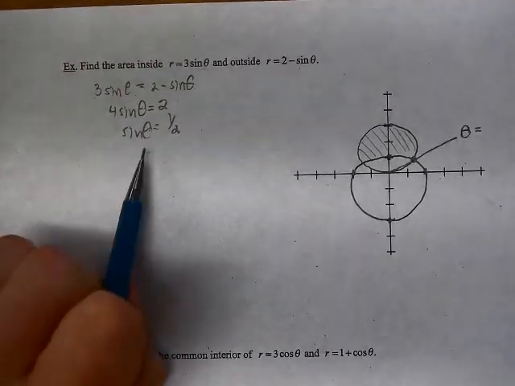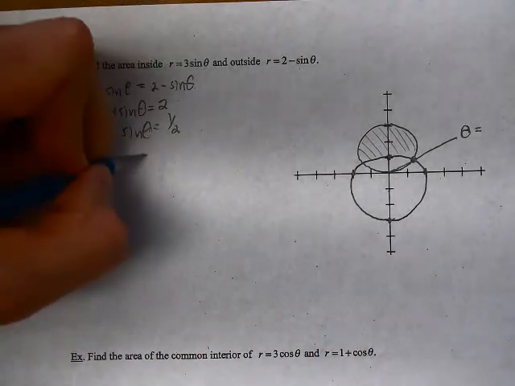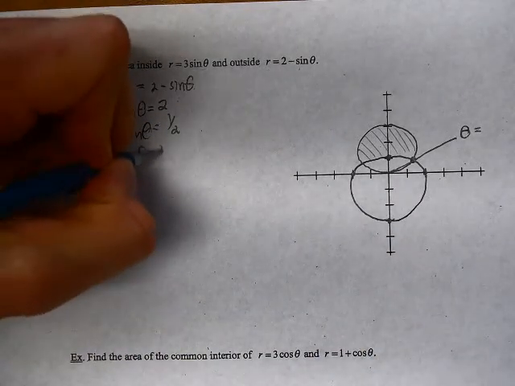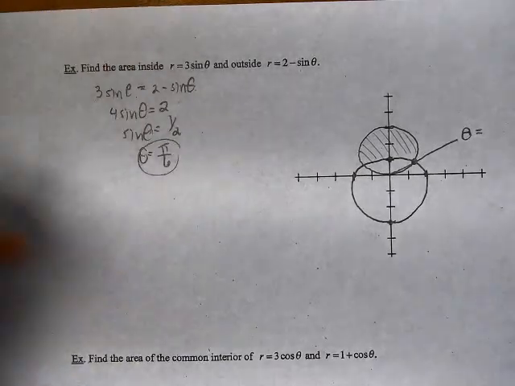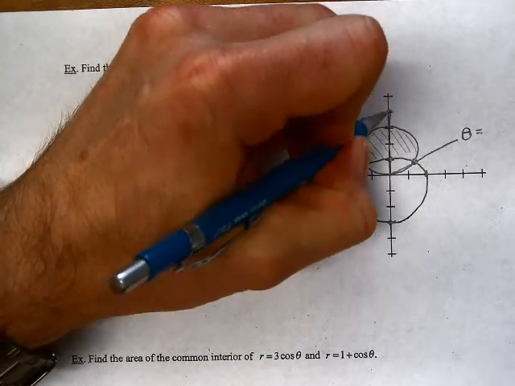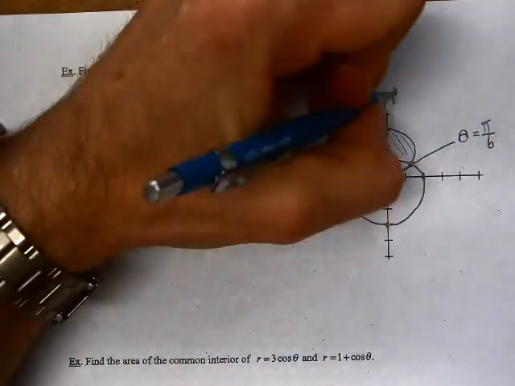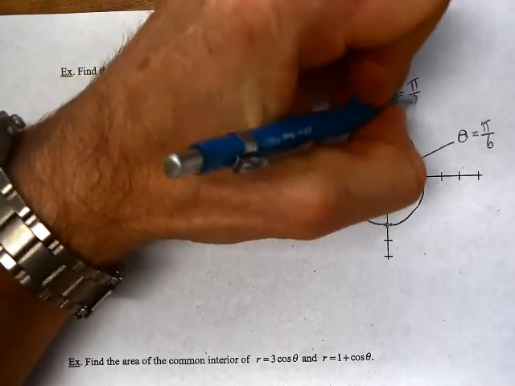So the angular measurement whose sine is 1/2 is going to be pi over 6. Here we have pi over 6. This measurement is pi over 2.